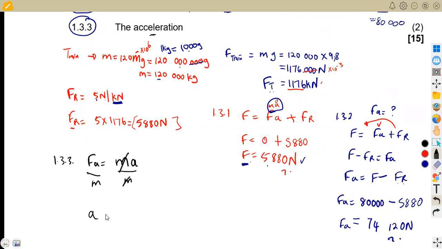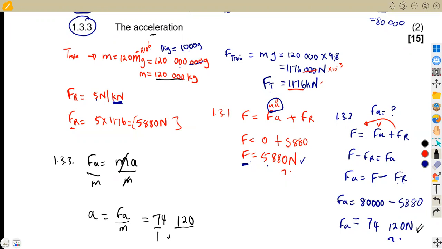So acceleration is equal to the accelerating force over the corresponding mass. That is the accelerating force that we calculated here, 74,120 Newtons, over the mass. Which mass are we using? That is the mass of the train. Take note, we are referring to the train, and before, when we calculated the mass in kgs, we obtained 120,000.